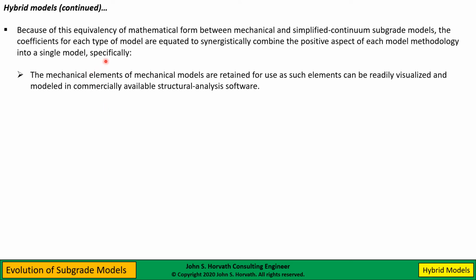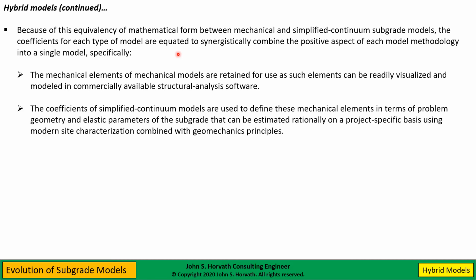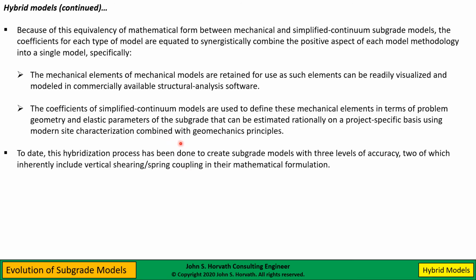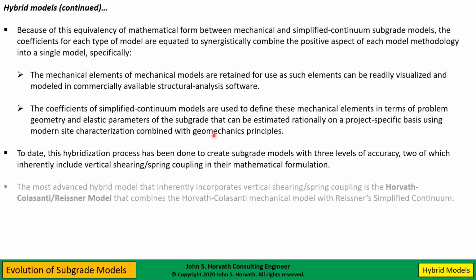What the hybrid model does is use the mechanical elements of the mechanical model, because we can readily visualize and model these in commercially available structural analysis software. But then we define these abstract K's and T's in terms of the coefficients of the simplified continuum models. I've done this hybridization process to date for 3 models, 2 of which inherently include vertical shearing / spring coupling in their formulation.